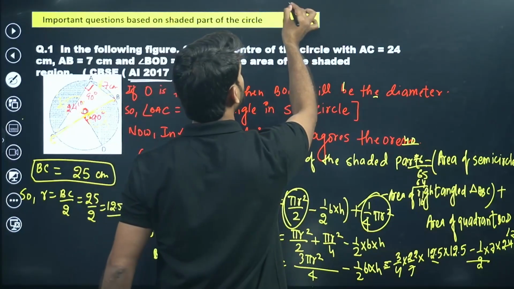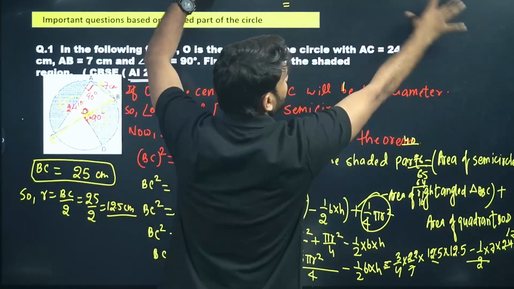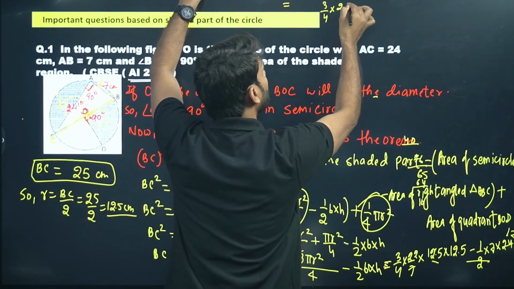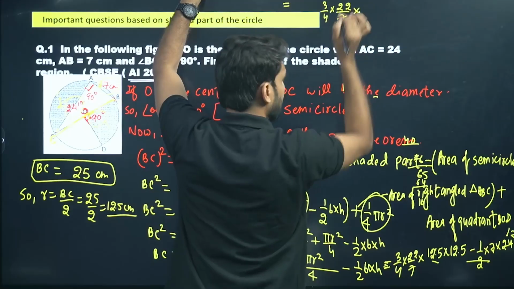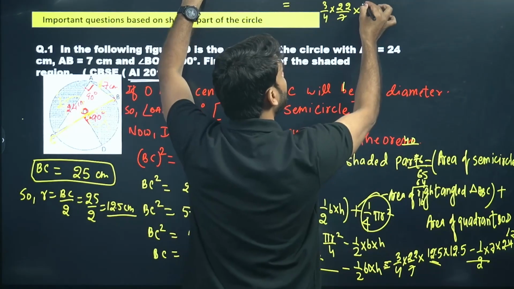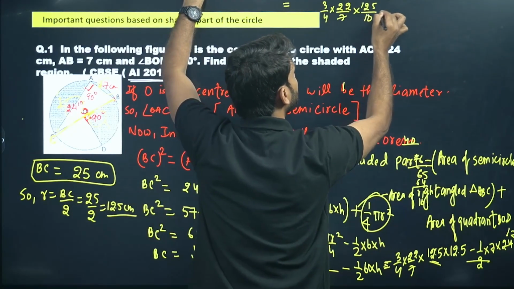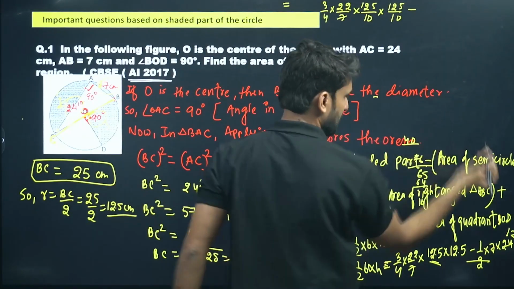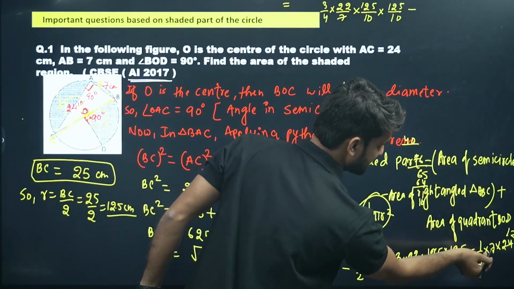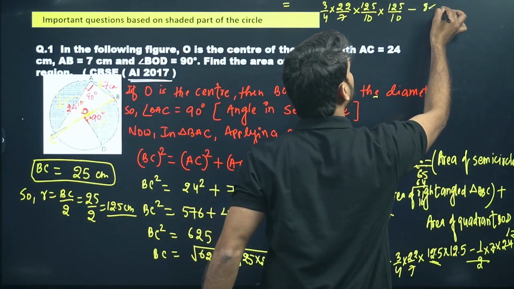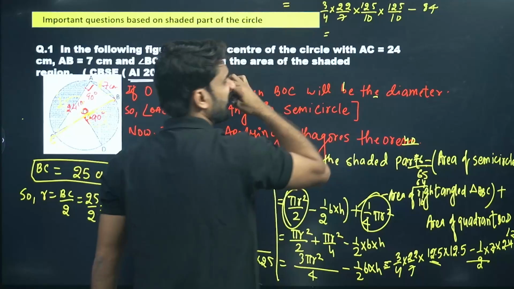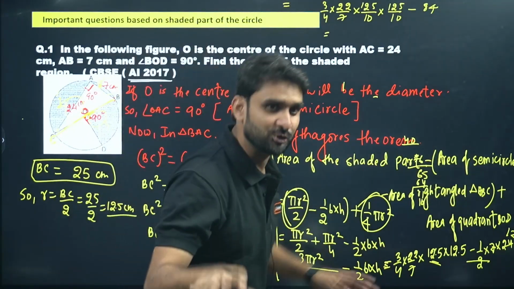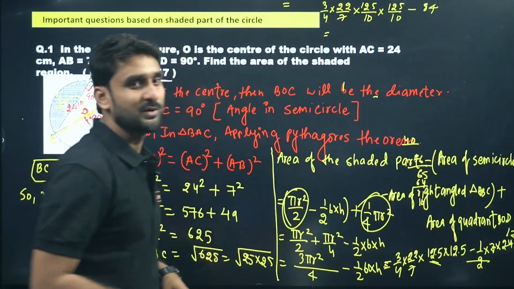So the area will be 3 by 4, into 22 by 7, into 12.5, which can be written as 125 by 10, and again 12.5 as 125 by 10, minus 24 by 2, which is 12, and 12 sevens are 84. It is a complex calculation, but you cannot run away from it, because these questions will give you good marks.